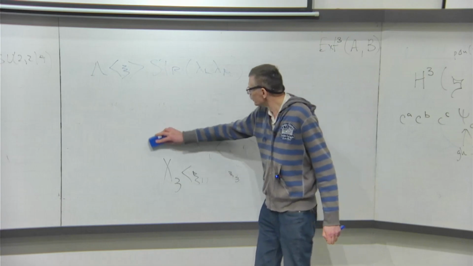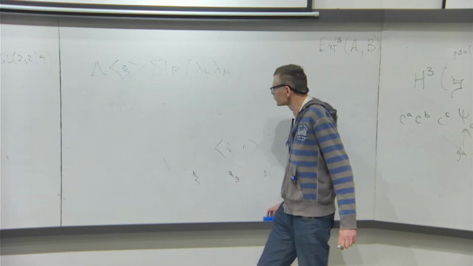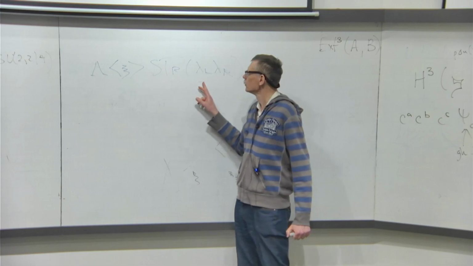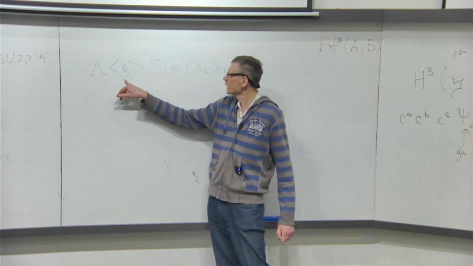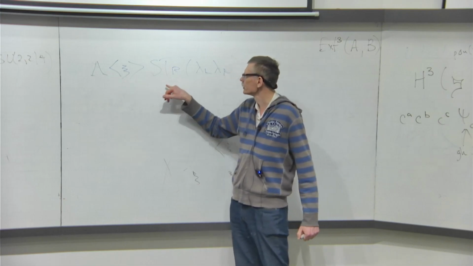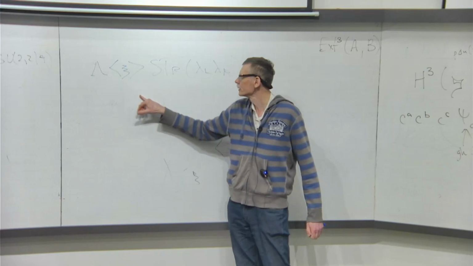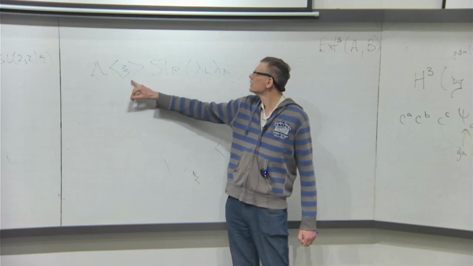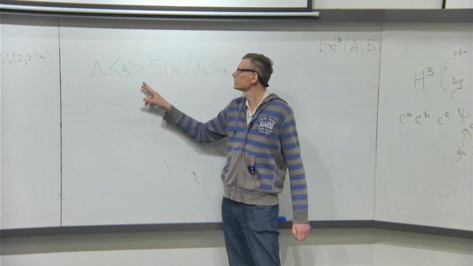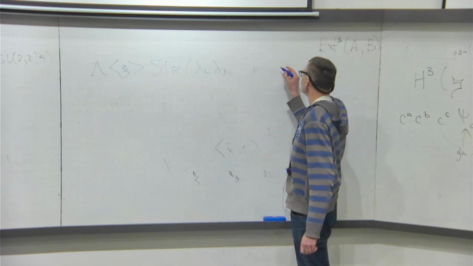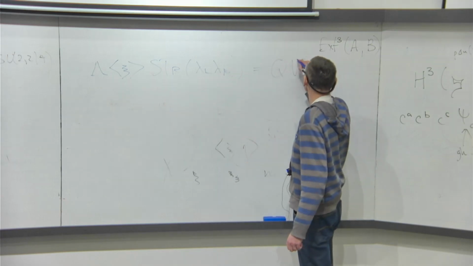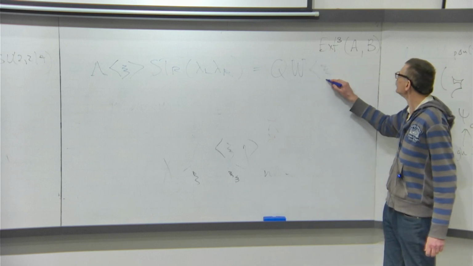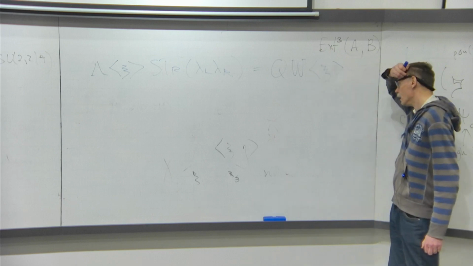Generally speaking, if you have a ghost number 1 operator times ghost number 2, then the obstacle to this being BRST exact is the action of the symmetry psi on this operator. In this case, this operator is a scalar, a constant on AdS. Symmetry acts on it by 0, so this is BRST exact. It's Q of some W, where W depends on psi, of course, linearly.